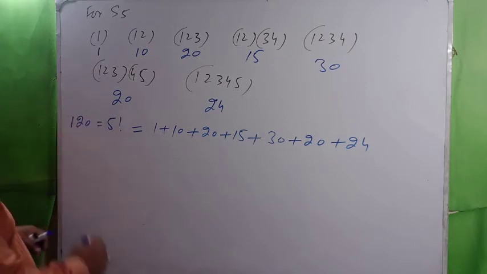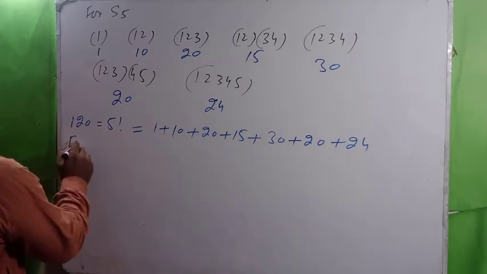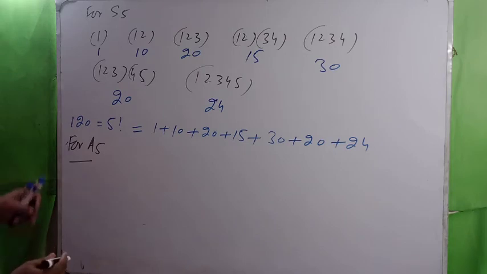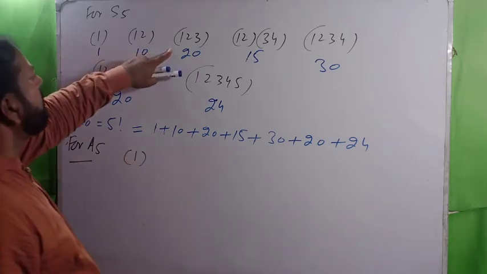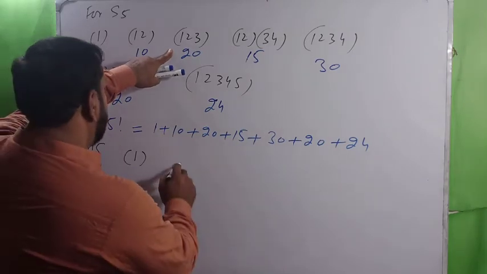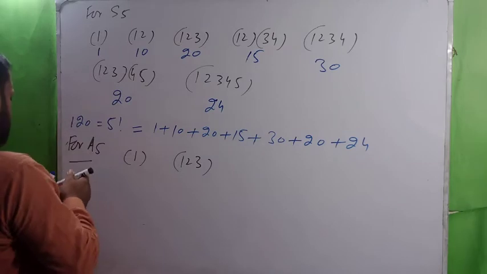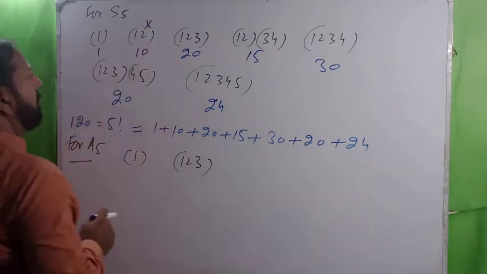Now for A5, you will see the permutations. We will not consider the odd permutations, such as a transposition or a 4-cycle.